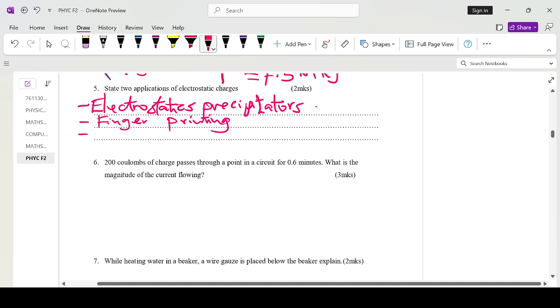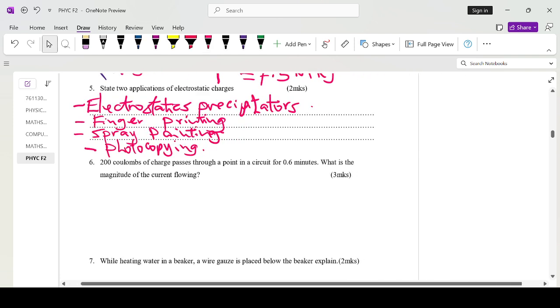We may also have spray painting as another application. Another application is photocopying, which we do on a daily basis. Photocopying is an application of electrostatic charges. Those are just among the few.